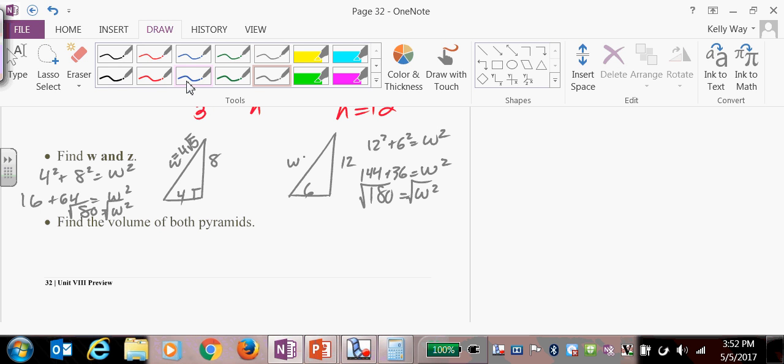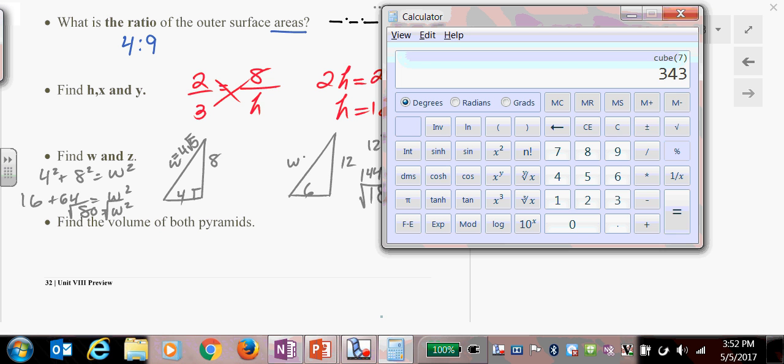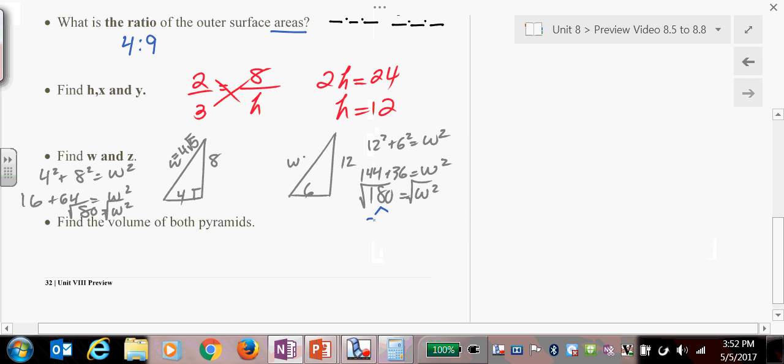You want to factor that out. And that's going to be 2 and 90, 2 and 45, 5 and 9, and then 3 and 3. Ask yourself who comes out, a 3 and a 2. That's going to be 6 root 5.